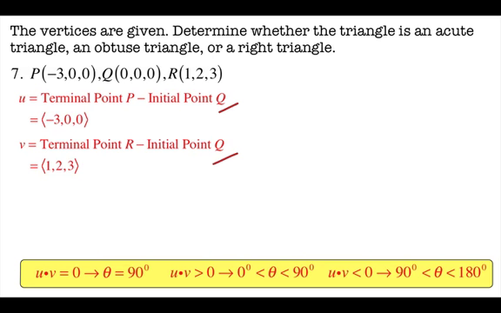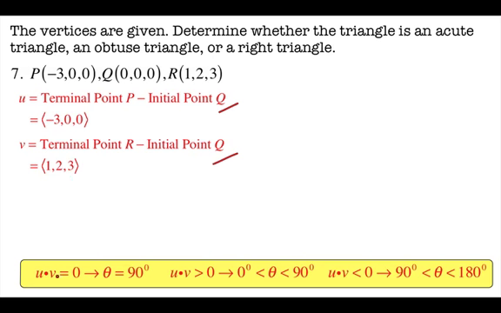And my terminal point is going to be, of course, different than vector U. So now I'm using terminal point R. And once I subtract the values in the points, I end up with this vector in component form, 1, 2, 3.